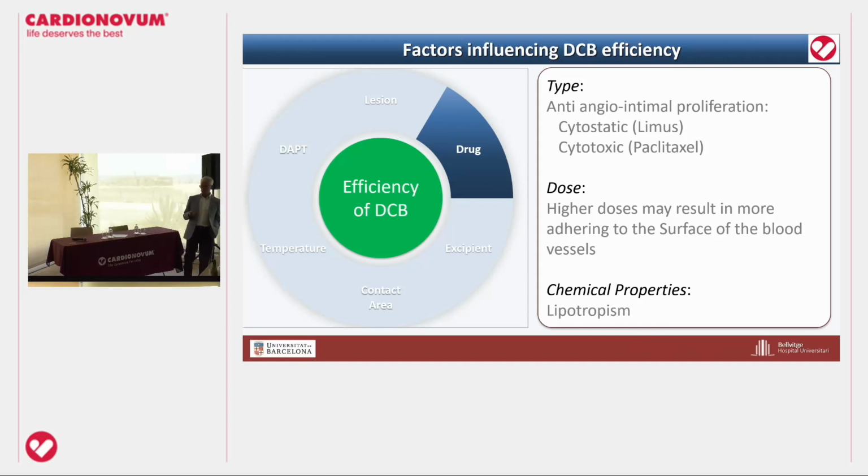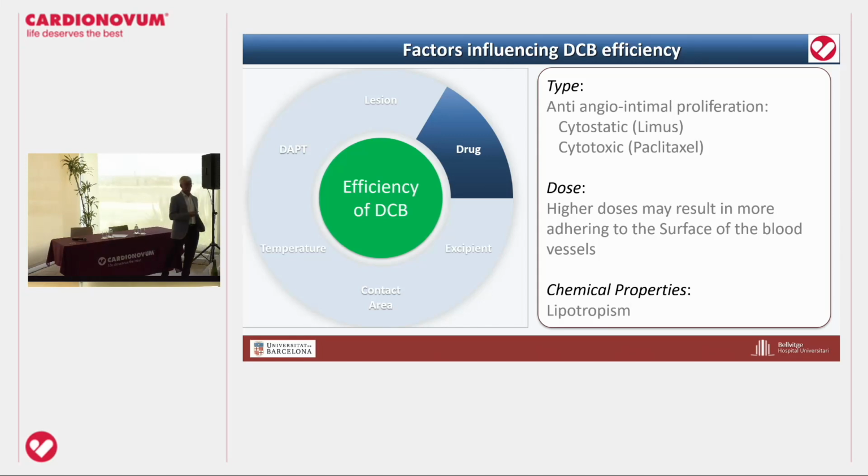Limus is cytostatic. It doesn't kill the cells; it keeps them static so they don't proliferate. But paclitaxel is cytotoxic. It kills the cells, so toxicity can be higher with paclitaxel than with sirolimus.